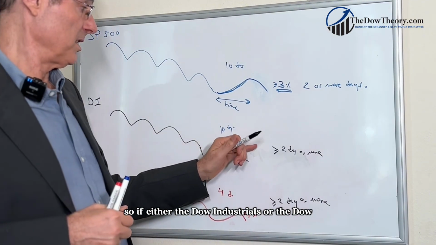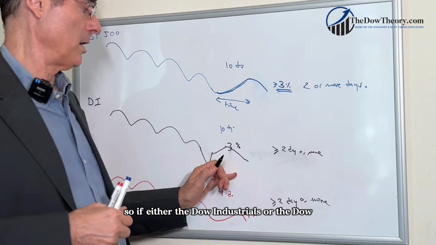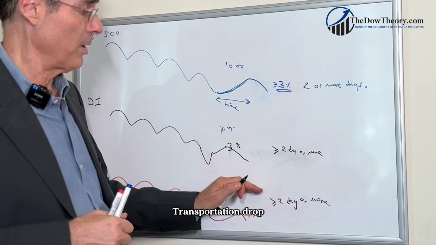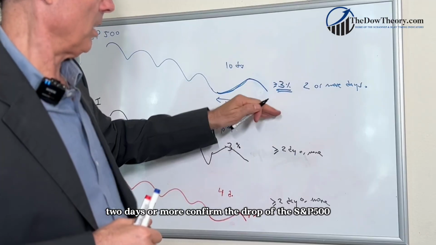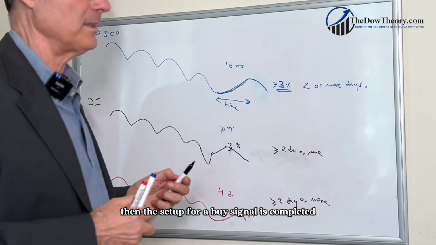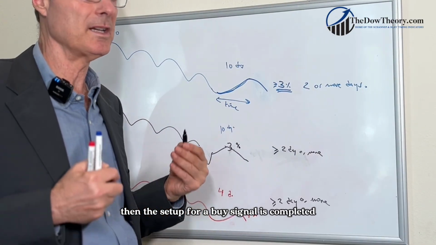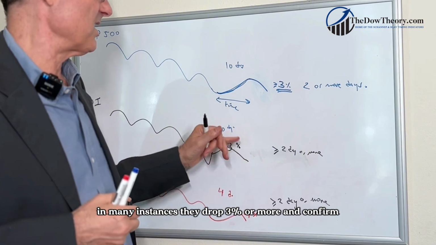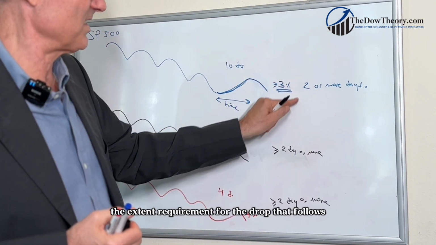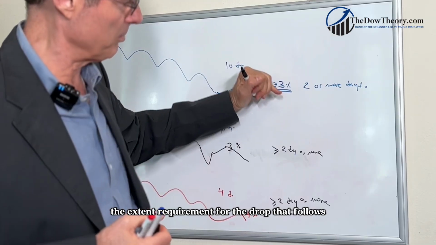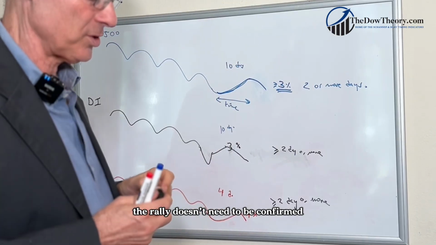So if either the Dow Industrials or the Dow Transportation drop 2 days or more, confirming the drop of the S&P 500, then the setup for a buy signal is completed. In many instances they drop 3% or more and confirm, but I insist, the extent requirement for the drop that follows the rally doesn't need to be confirmed.